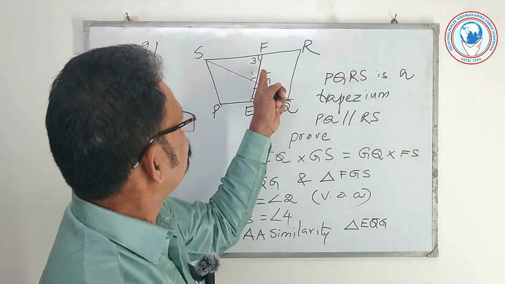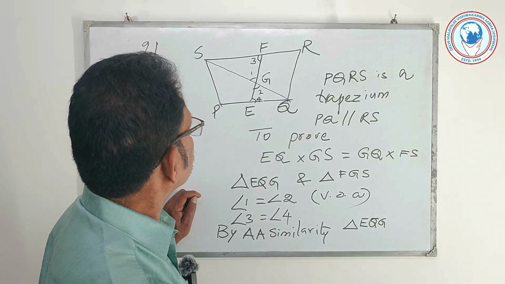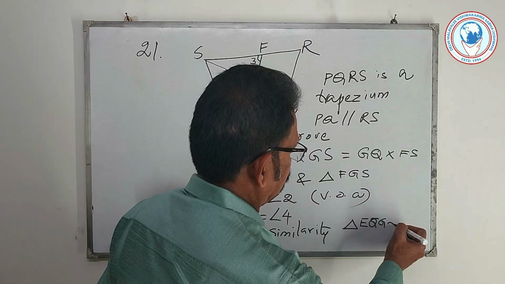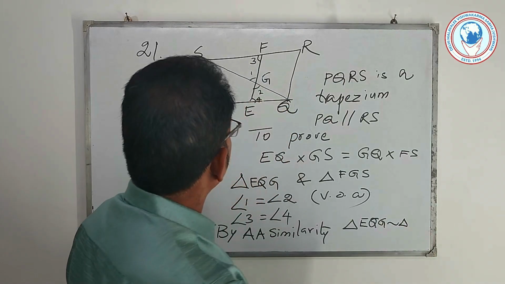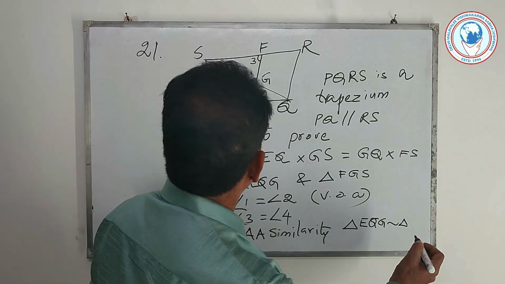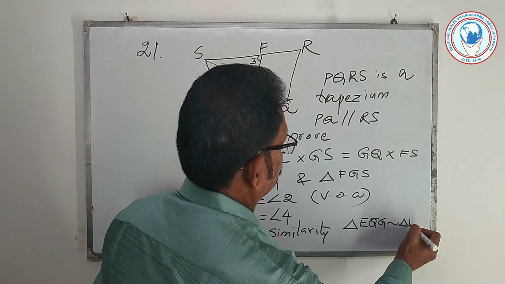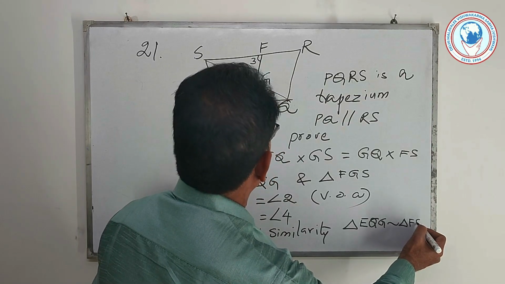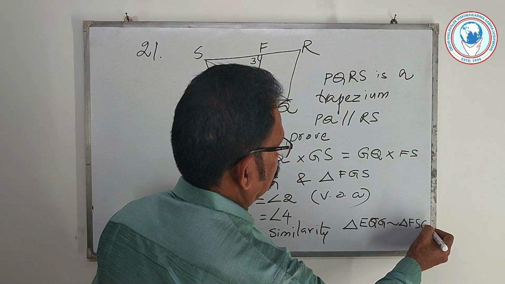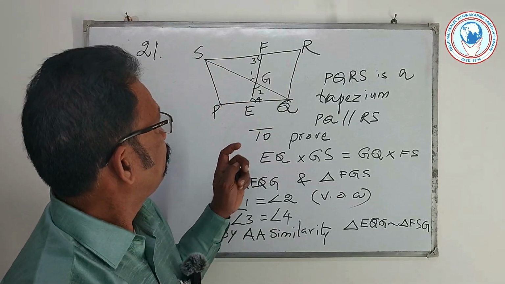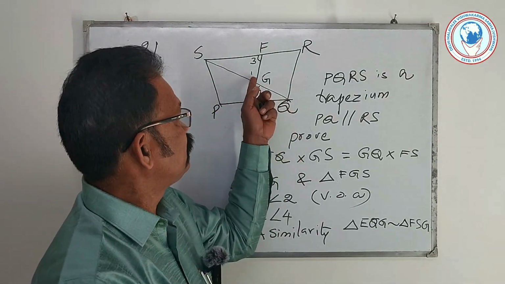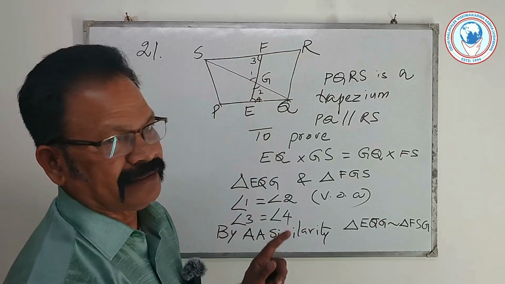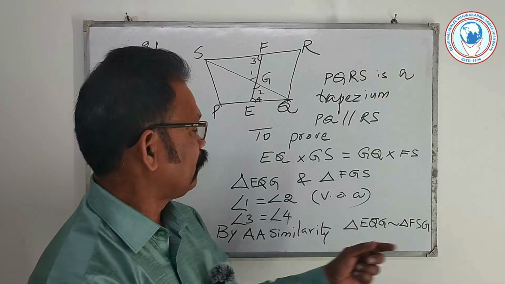triangle EQG is similar to FSG. We have to write in the corresponding order.